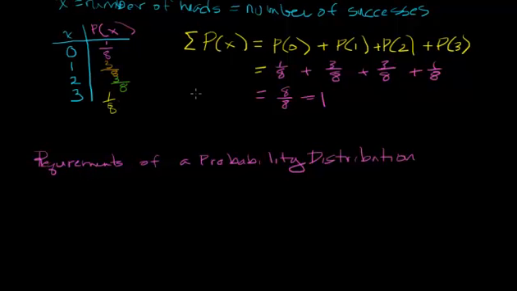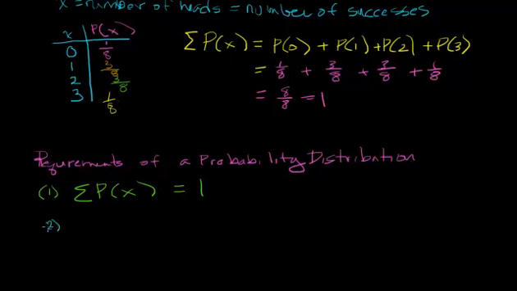Okay, and one requirement is just what we've done here, that the sum of the probabilities has to be equal to 1. The sum of the probabilities of our sample space must equal 1. Okay, that's number 1 in our requirements of our probability distribution.